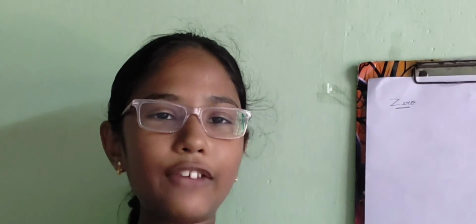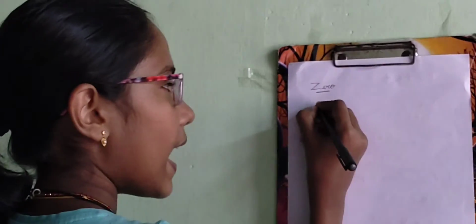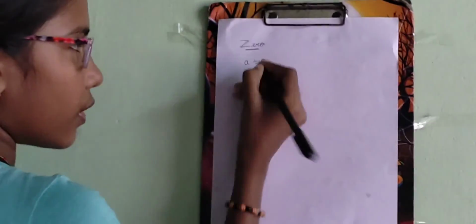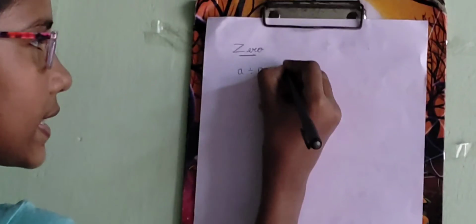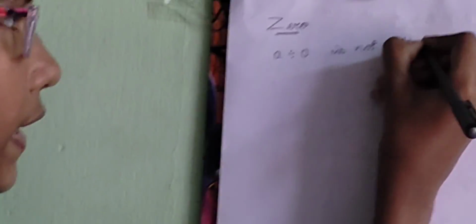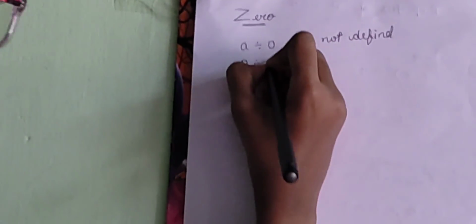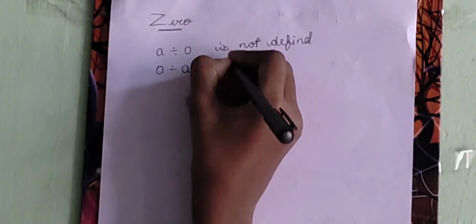That is, for any integer a, a divided by 0 is not defined. But 0 divided by a is equal to 0.